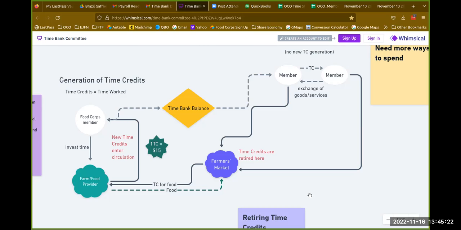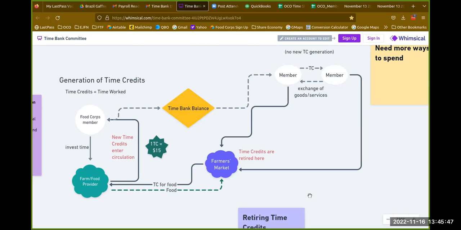If our time bank system was large enough to accommodate that, so that everything on a system level balances out, and no single food provider is caught having to hold the bag, then that would work. But right now we're too small.